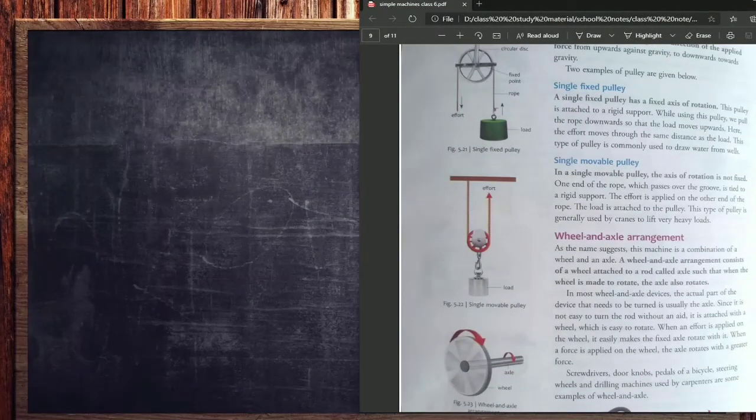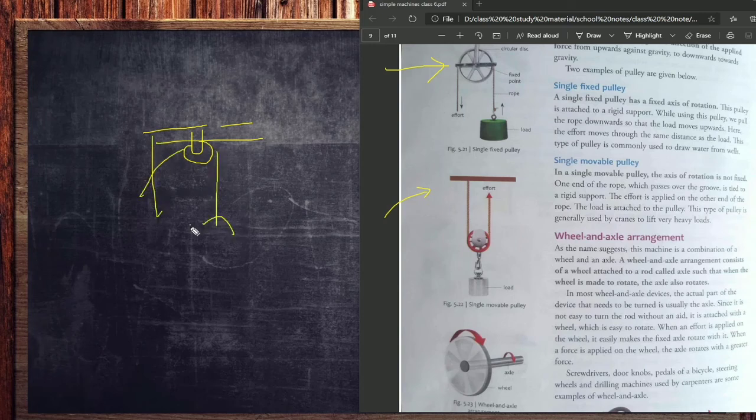Coming to pulley right now, what is pulley? There are two kinds of pulley. You may have noticed these pulleys in a hydraulic lifter or in any other normal work. As you can see at the top of a well, we use this kind of pulley to pull up the bucket full of water.